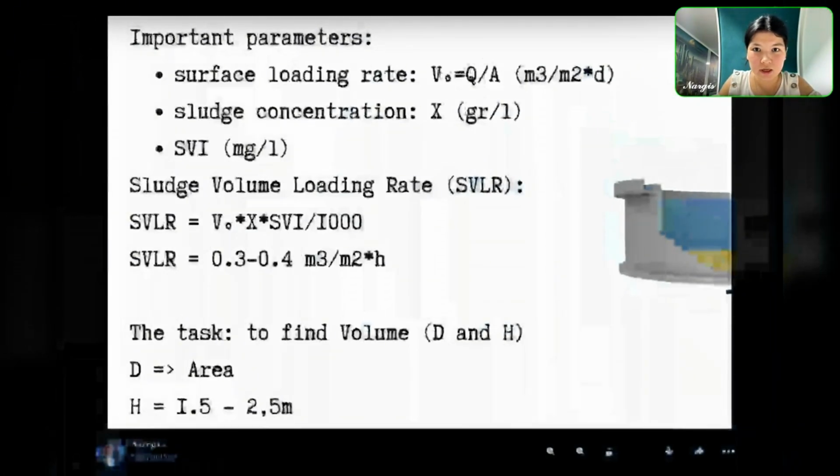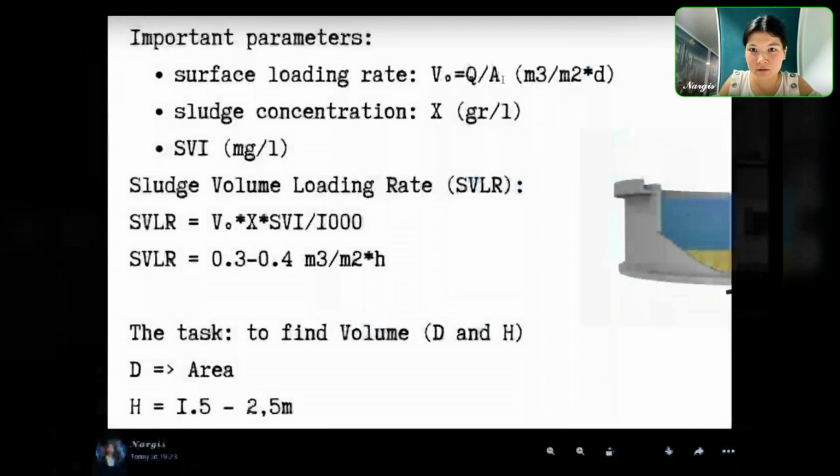In order to find the area, you need V0, and this V0 you can get from SVLR. SVLR was given in the question: it is 0.3. X is 4. SVI is given in the question, 100. From this you will find V0, and you should find this first.